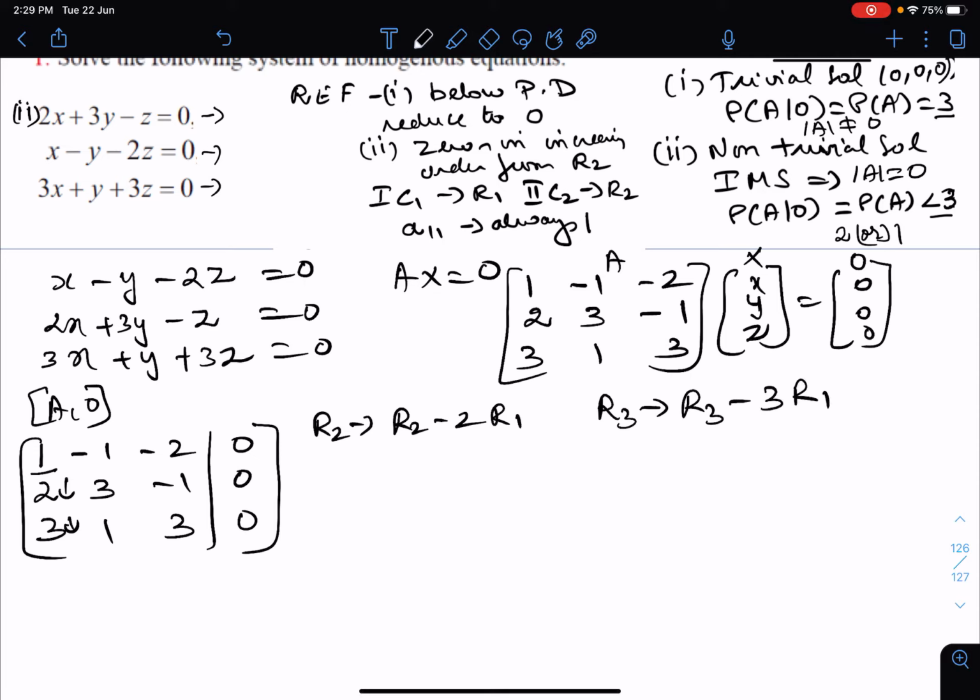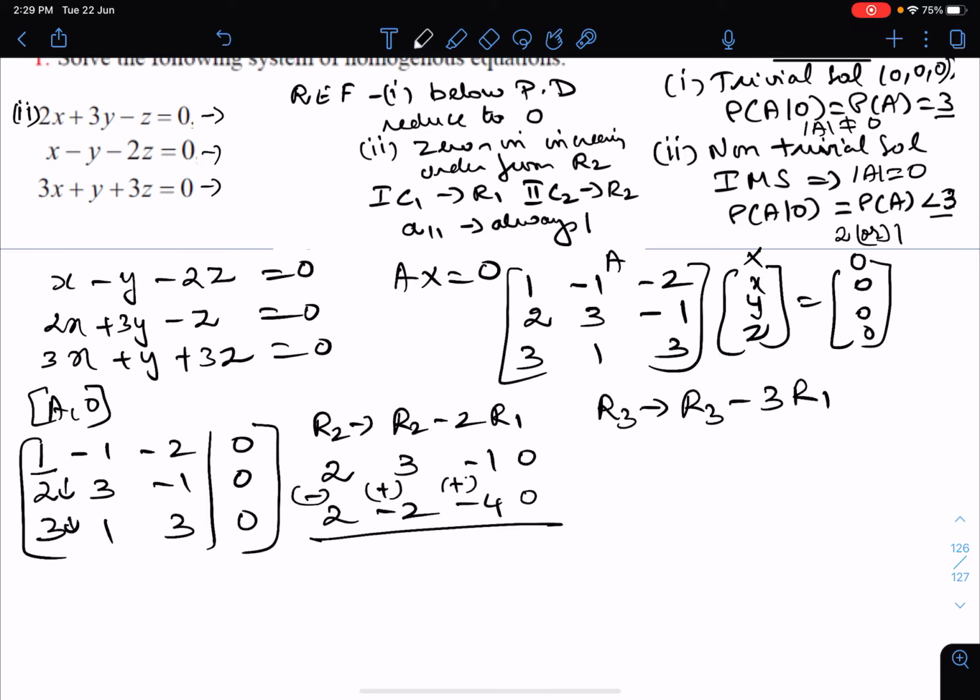That is our row 2: 2, 3, minus 1, 0 minus 2, minus 2, minus 4, 0. Change the sign, plus becomes minus and minus becomes plus. Equal and opposite, so 0, this gets cancelled. Both have the same sign, plus, and here it is minus, so it is 5 and 3. This is our row 2.